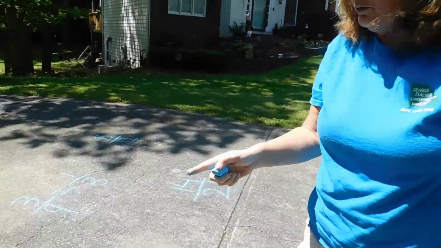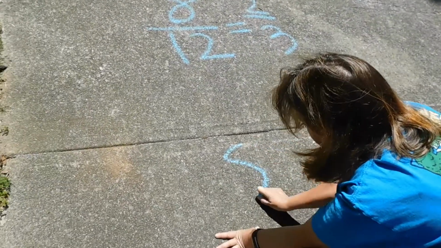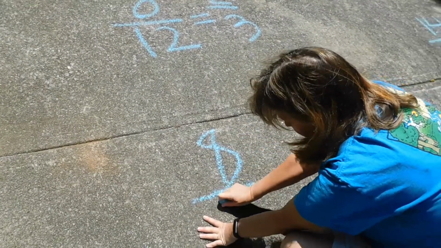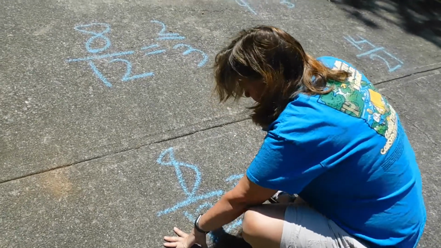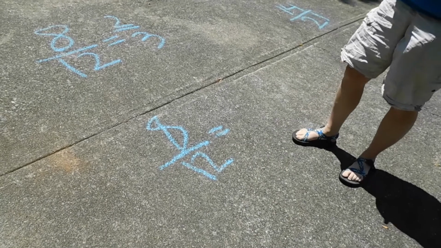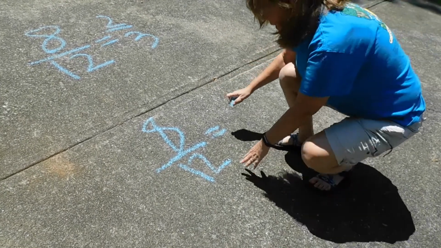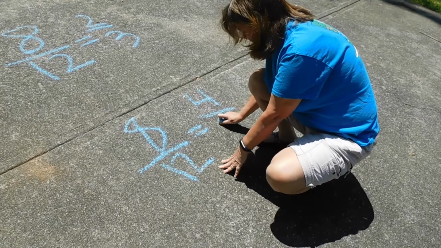Now let's suppose you didn't notice that 4 would work. Let's see what else you could do. What a lot of students do, and I don't like this because it's too much writing for me, is think 8 and 12 are both even numbers, so they'll go into 2. So 8 divided by 2 is 4, and 12 divided by 2 is 6.